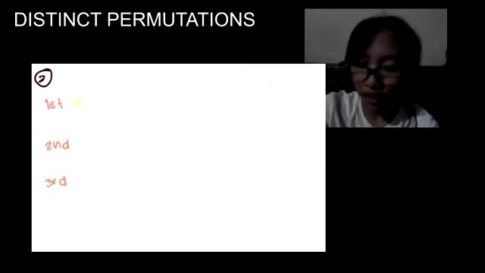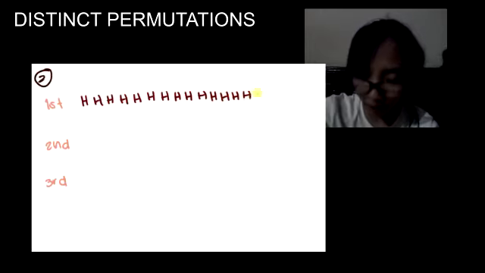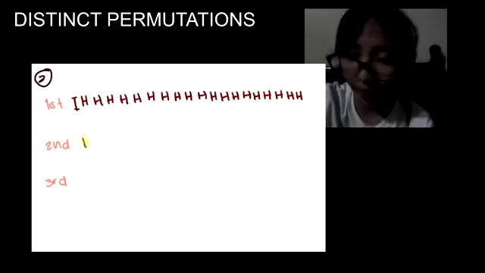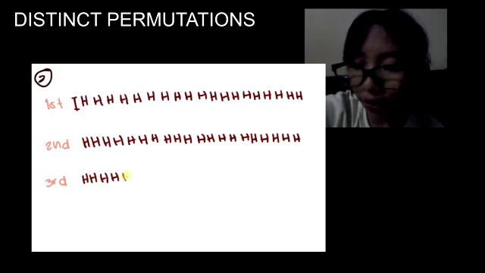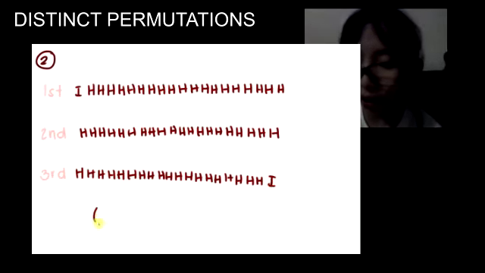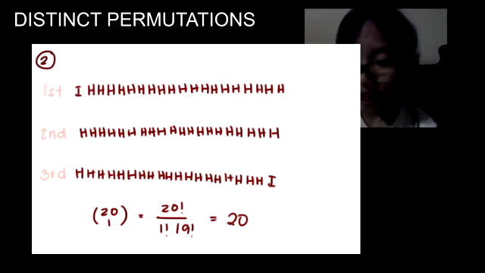The first possible sequence might look like this. The second possible sequence might look like this. And the last possible sequence might look like this. That must mean that there are 20 possible positions for the one I. Alternatively, we could use the formula for counting distinguishable permutations. The formula yields 20 choose 1 is equal to 20 factorial over 1 factorial times 19 factorial, which is equal to 20.